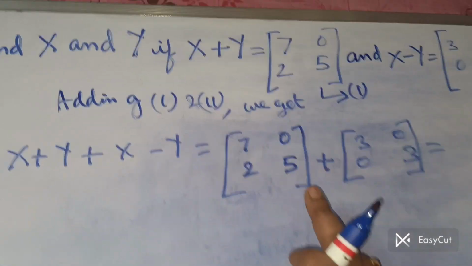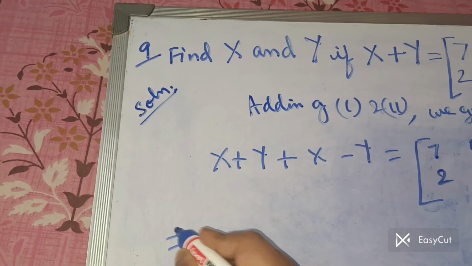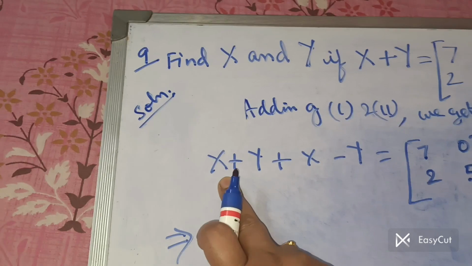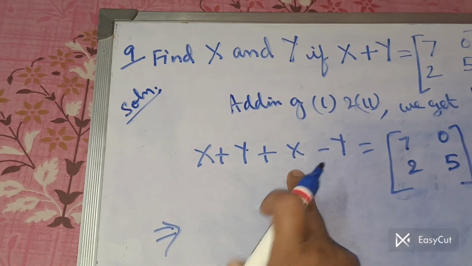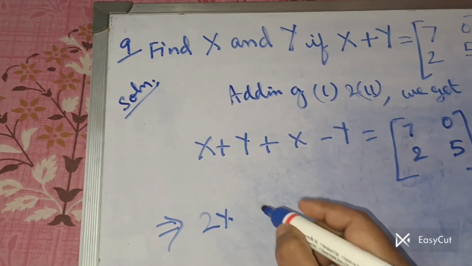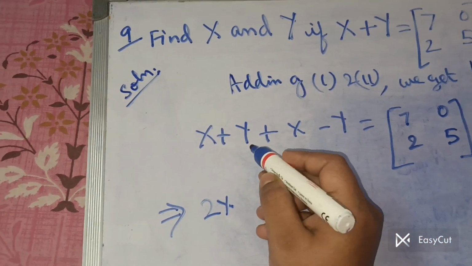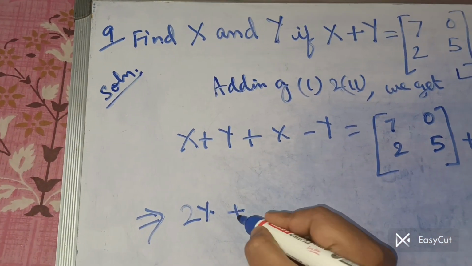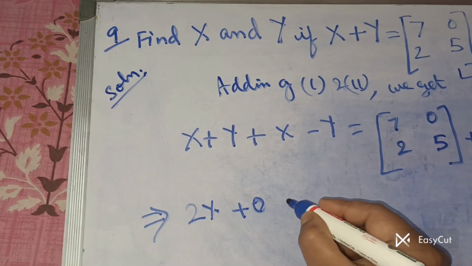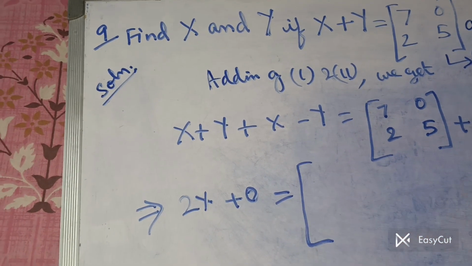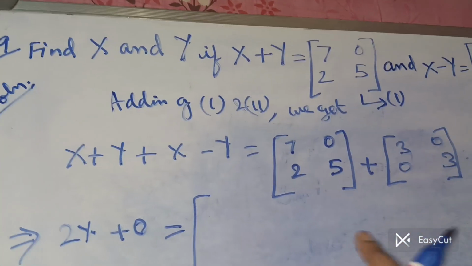Here on the left hand side, we see x and this is x, so it will become 2x, and the matrix y plus y and minus y will cancel out, so it will become 0, equals to, if we add these two matrices, what will be the value?